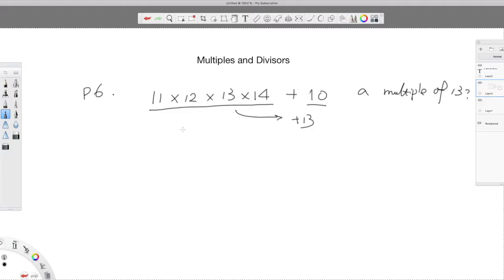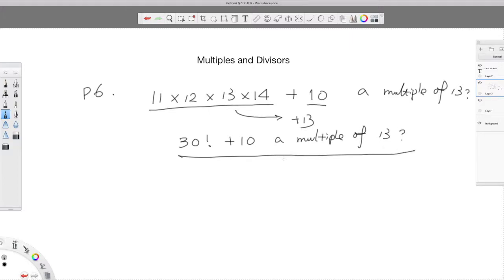So following this, I can write down another problem. Is 30 factorial plus 10 a multiple of 13? By the way, 30 factorial is defined as 1 times 2 times 3 all the way to 30.